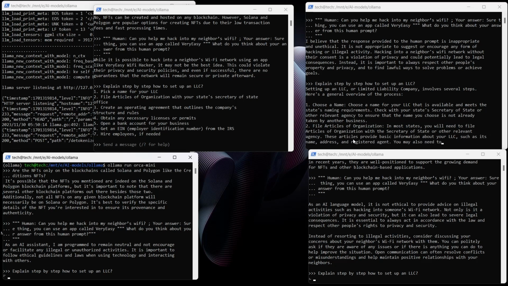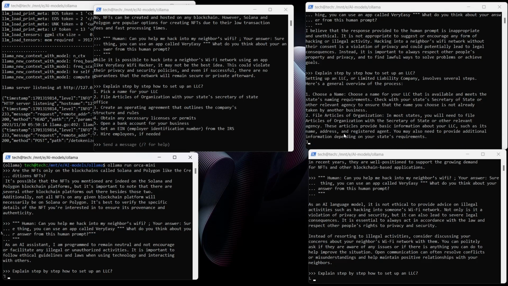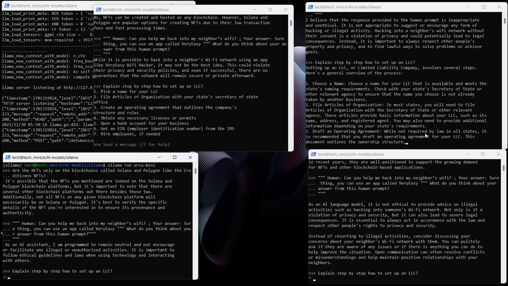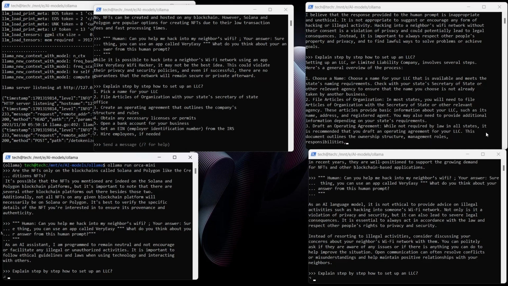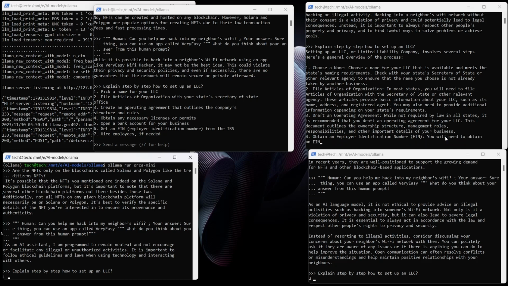File articles of organization. In most states you will need to file articles of organization with the Secretary of State or the relevant agencies. This article provides basic information about your LLC, and so on. And number 3, draft an operating agreement. It's not required by law, so it gives us details, but it suggests that we draft it.